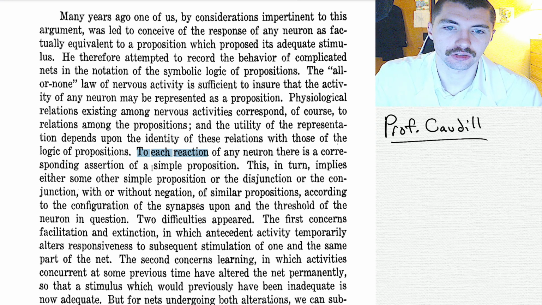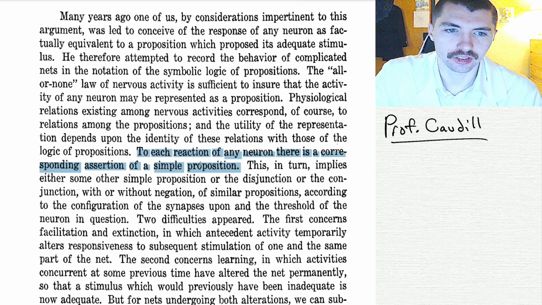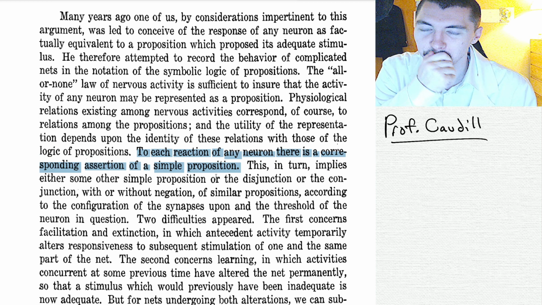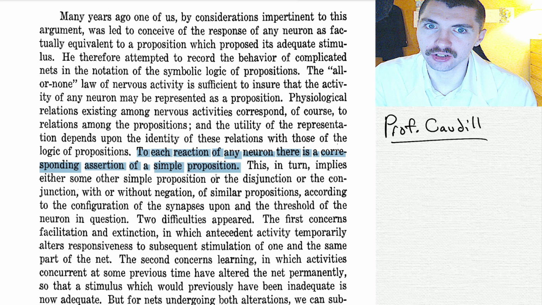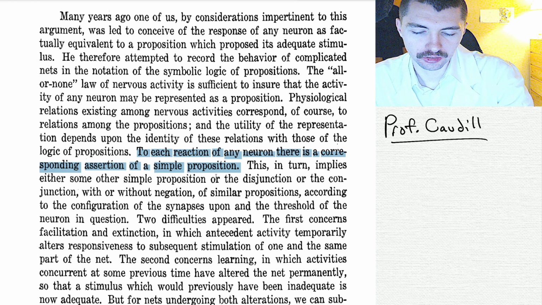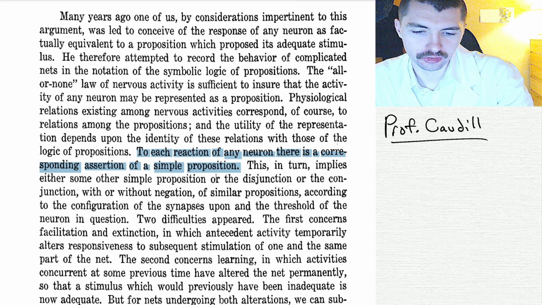One thing I highlighted was this: to each reaction of any neuron, there is a corresponding assertion of a simple proposition. They are going off of the idea that all neurons are either firing or not.